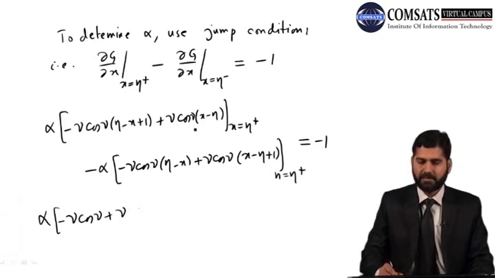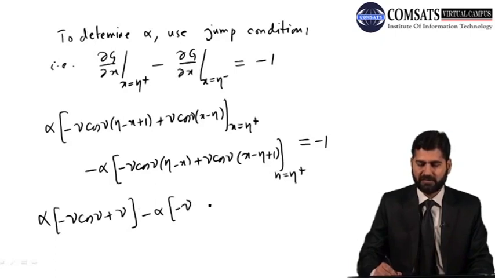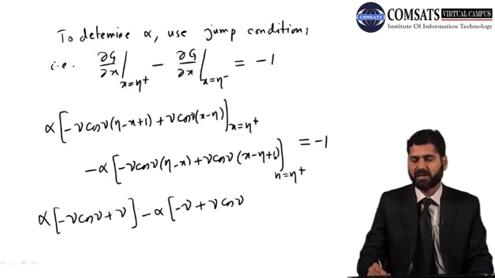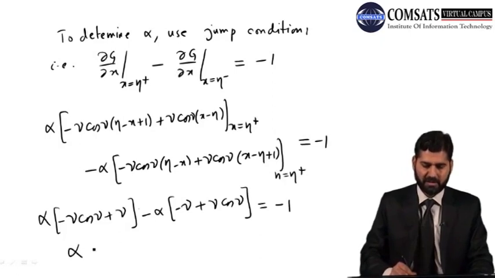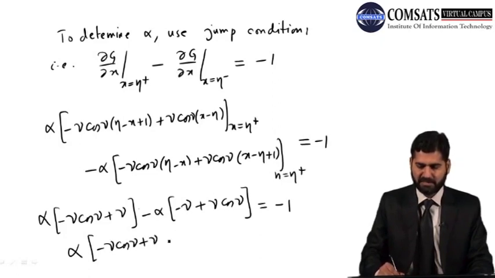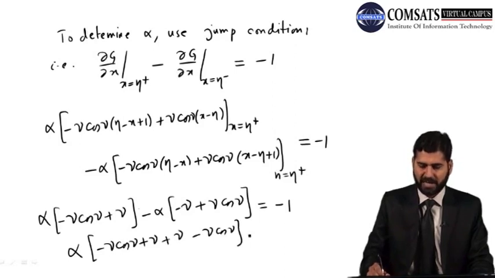So you see eta minus eta is 0, so cosine 0 is 1, so you are left with just nu only. Here again eta minus eta is 0, so cos 0 is 1, you got left with this one, plus nu cosine nu, because this is gone, so cosine nu with 1 will remain there, is equal to negative 1. And now if you take alpha common, you have minus nu cosine nu plus nu, and here minus minus plus nu, and minus nu cosine nu is equal to negative 1.